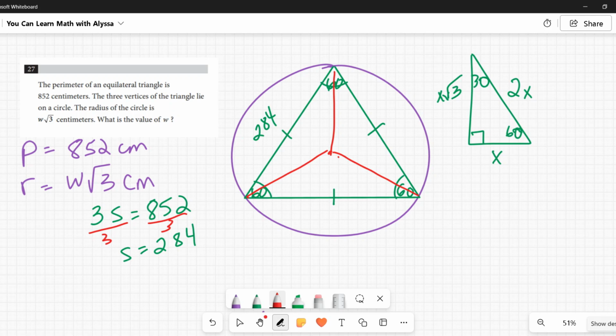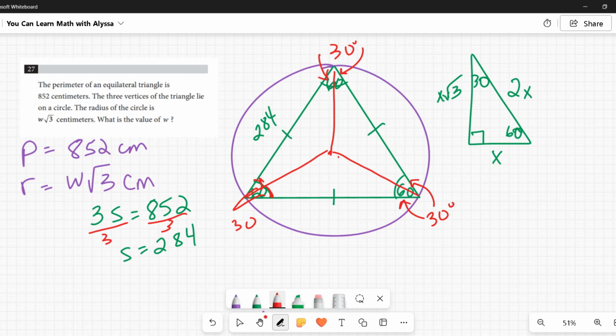I am dividing this triangle into 3 congruent smaller triangles. And I'm also splitting each of these 60-degree angles in half. So now each of these is going to be 30 degrees. Each of those is 30. And this is true all the way around. Each of these little angles is 30 degrees.